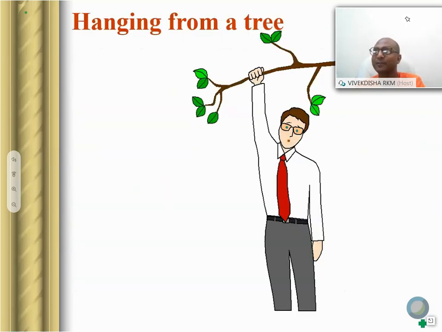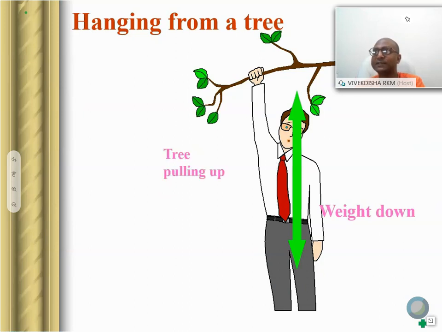Now, when a person is hanging from a tree, what are the forces working on him? One is simply the weight, downward, so to say, but actually we should say it is towards the center of the earth. And another force is working just opposite of it. That is, the tree is pulling up.